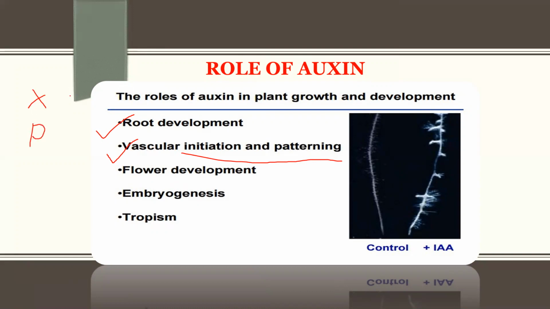If a high concentration of auxin is there, then it promotes xylem. If a low concentration of auxin is there, then it promotes phloem. So this is the vascular differentiation. Then it induces flower development, embryogenesis, and tropic movements like phototropic movement is caused due to auxin.